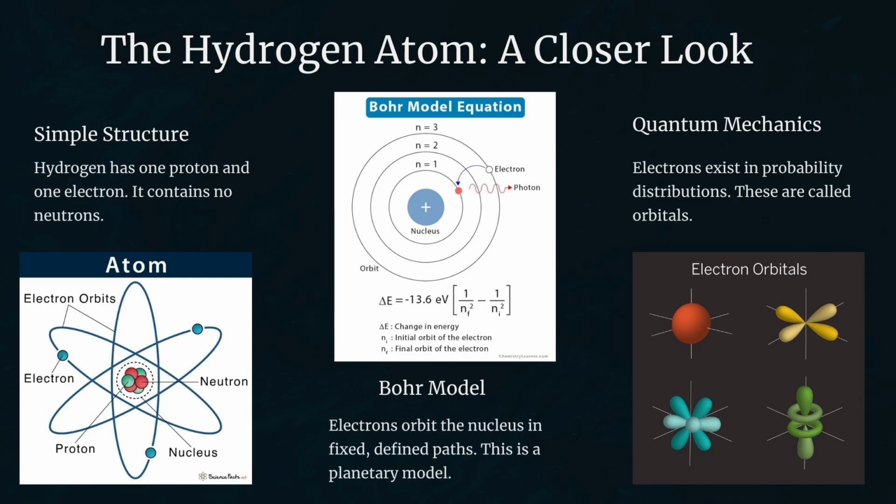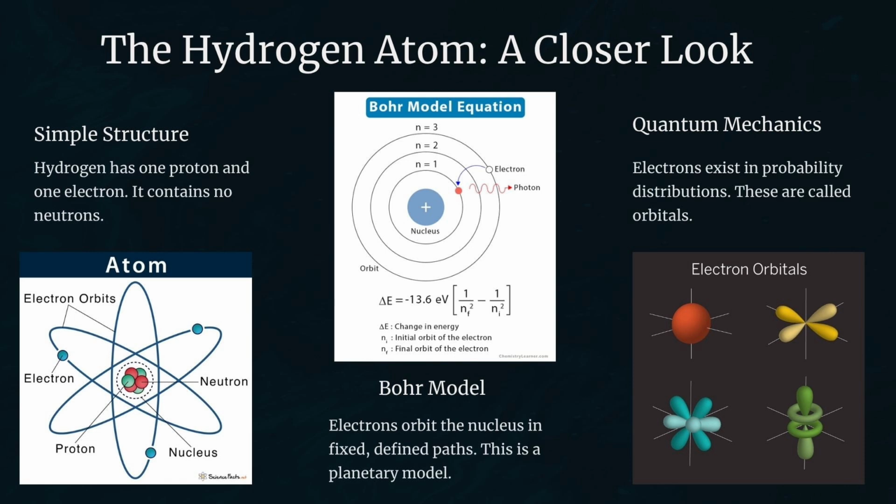Let's look at the hydrogen atom in detail, comparing older models with our current understanding based on quantum mechanics. Let's start with the basics. Hydrogen, the simplest atom, possesses a remarkably simple structure, one proton and one electron. Unlike many other atoms, it contains no neutron.